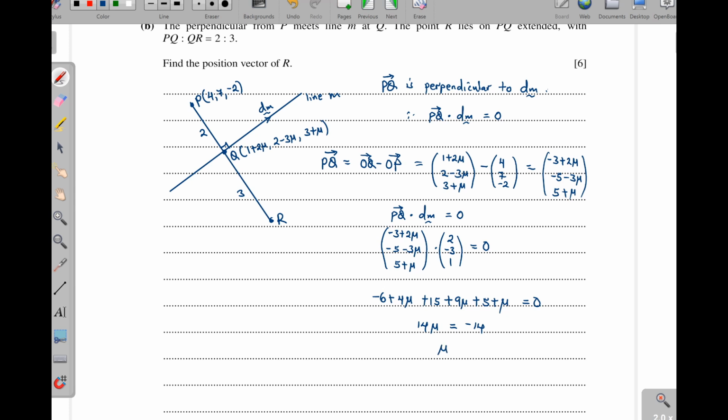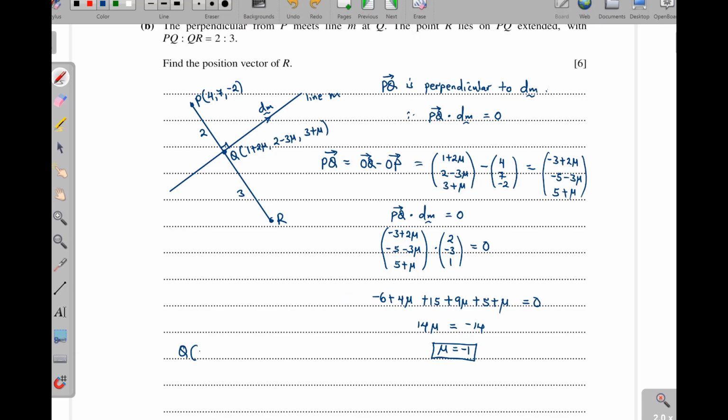So meaning mu shall be equal to negative what? 1. Then after getting mu as that, we can now find the coordinates of Q. Okay, coordinates of Q are going to be, put negative 1 here.